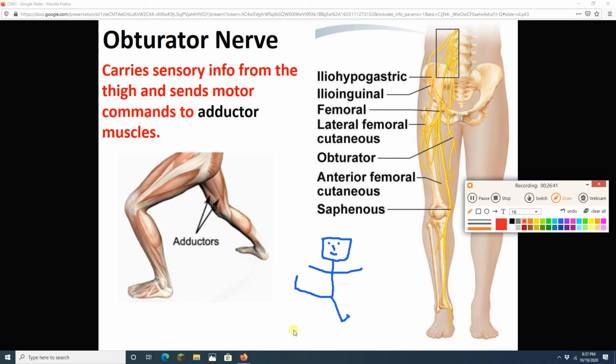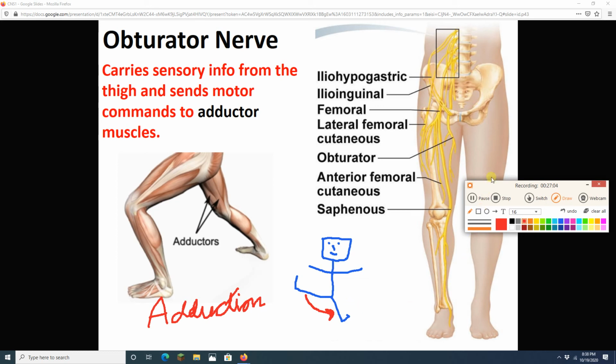And what he is going to do, he is going to bring that leg in towards the midline. That movement is called adduction. Okay?